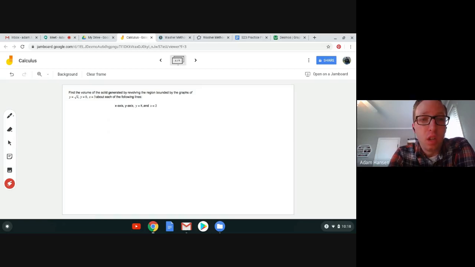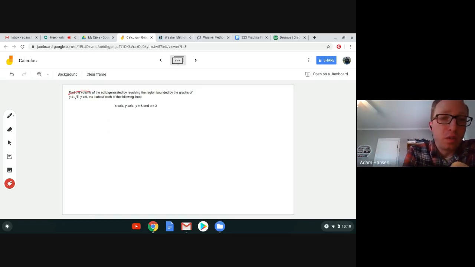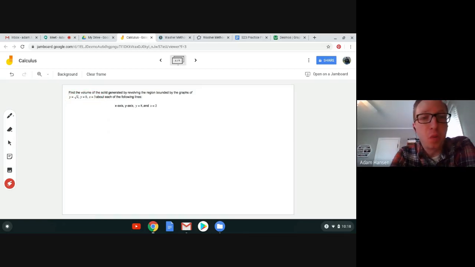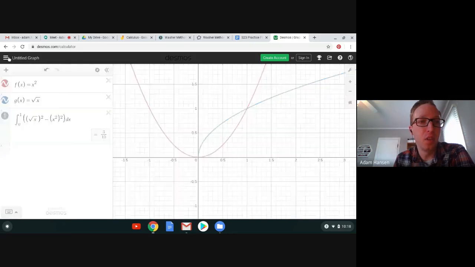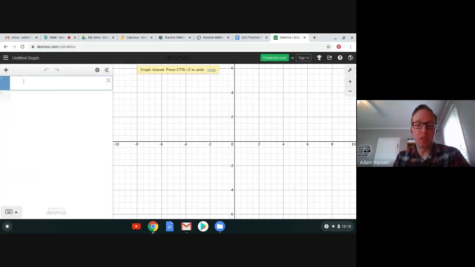So let's keep this region bounded by y equals the square root of x, y equals 0, and x equals 3, and find the volume as I rotate it around each of these unique lines below. We can choose to use either disk or washer based off of what we're trying to do.